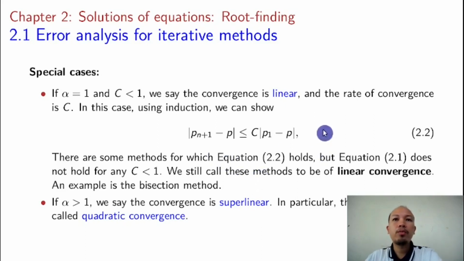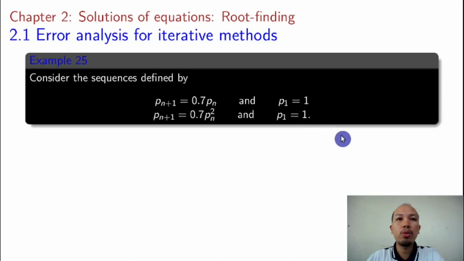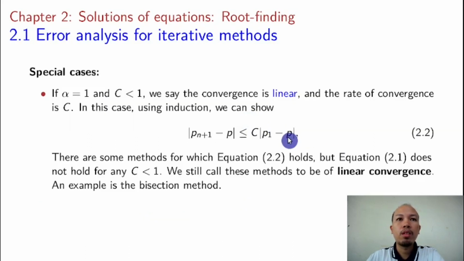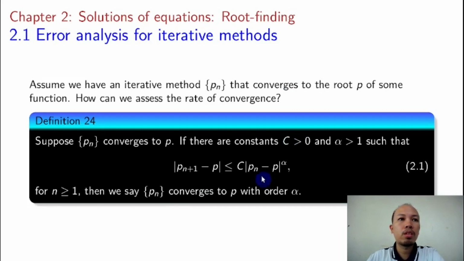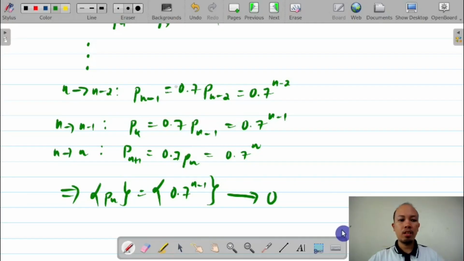But anyway, if it is linear, then it will satisfy this equation 2.2. But let's try to use definition 24 to show if the sequence given in example 25 is linearly convergent. So this is the solution.